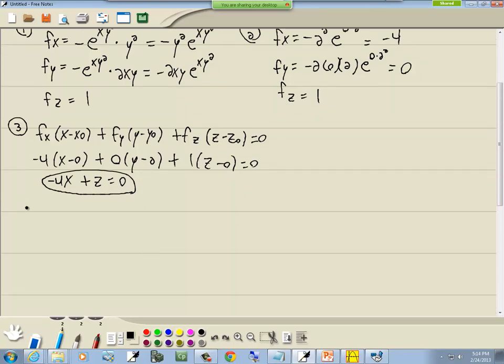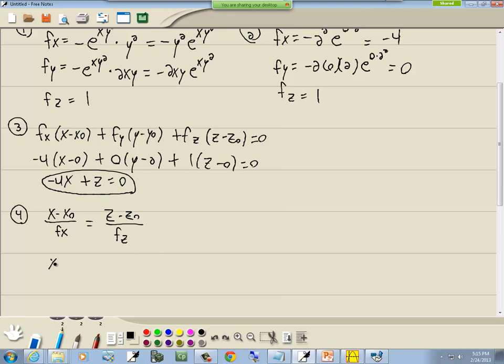Well then, for symmetric equations, we're going to have x minus x naught over partial with respect to x. And since this one's 0, then we won't put that in there. Equals z minus z naught over partial with respect to z.